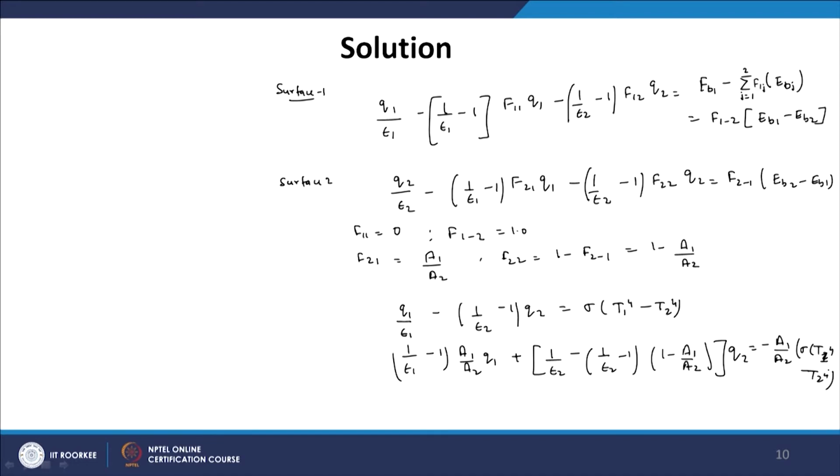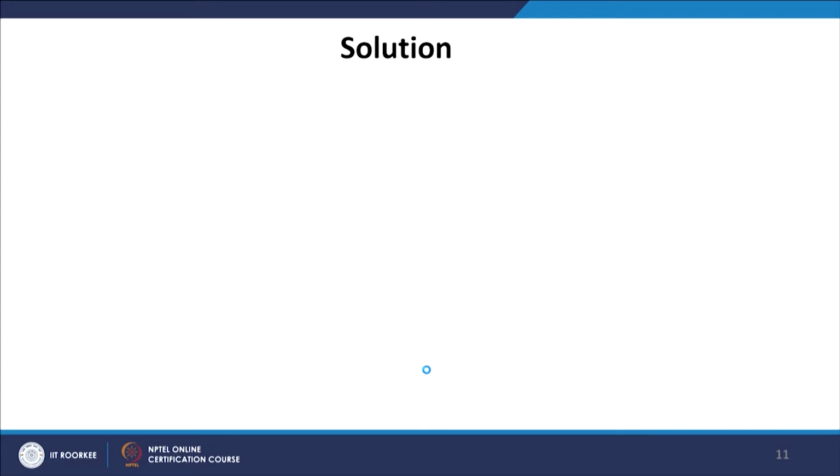Okay. So, this is how we have basically written these two equations. Now, we have to solve for either q1 or q2. So, we can eliminate either q1 from this equation, or we can eliminate q2 from this equation. So, let us eliminate q2 from this equation.